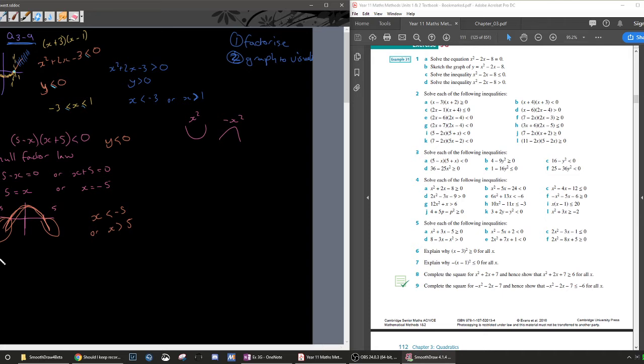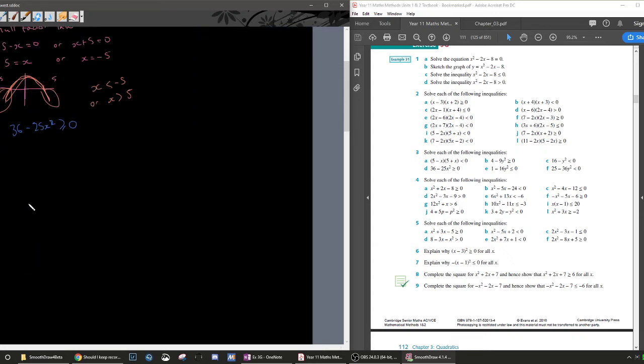Just to show you, let's do question 3d. So we have 36 minus 25x squared greater than or equal to 0. First thing I notice here is we have the negative x squared term. We've got a 36 and 25, both are perfect squares, so this is actually a difference of perfect squares.